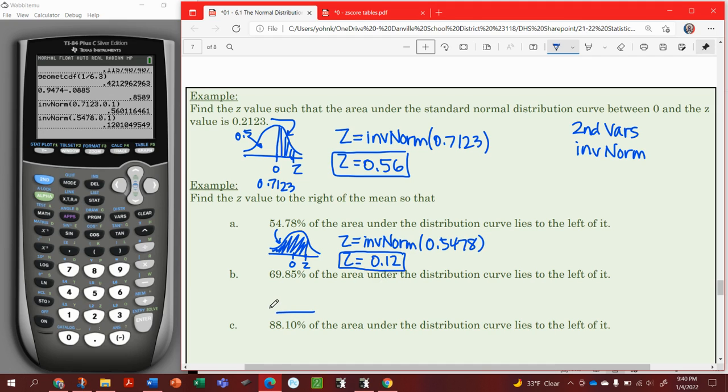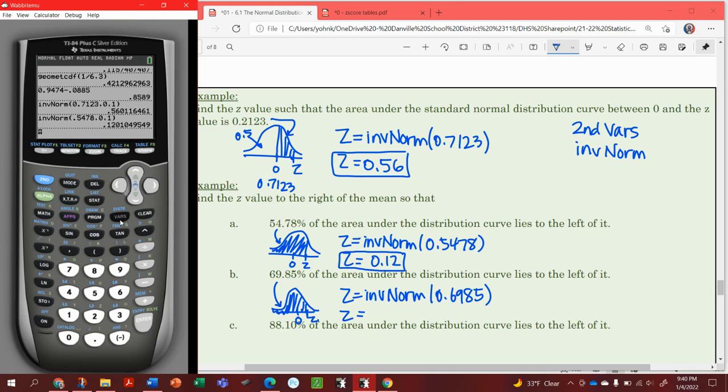Okay, if we take a look at the next one, I'm looking for a z-value so that 69.85% of the area is underneath the curve to the left of it. Well, again, I'm going to put a z-score on the right, and I'm going to shade. So that means that 69.85% is in that shaded region. That means that I can inverse norm 0.6985, and that's going to tell me my z-score.